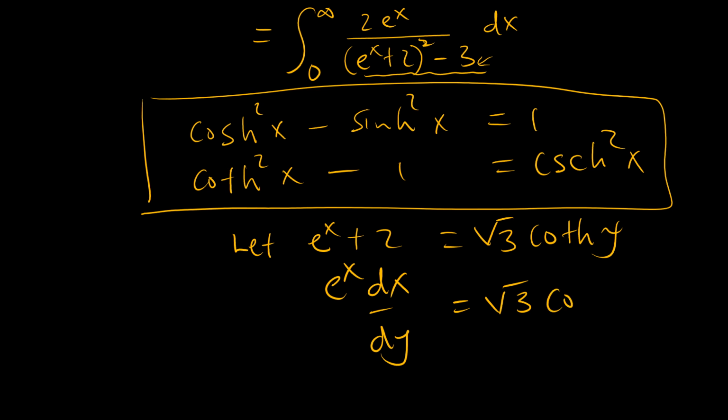The derivative of hyperbolic cotangent is negative hyperbolic cosecant squared y. And so what we end up getting is e^x dx can be substituted with negative square root of 3 hyperbolic cosecant squared y dy.